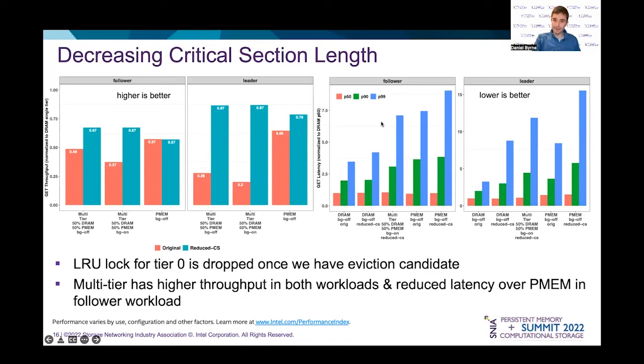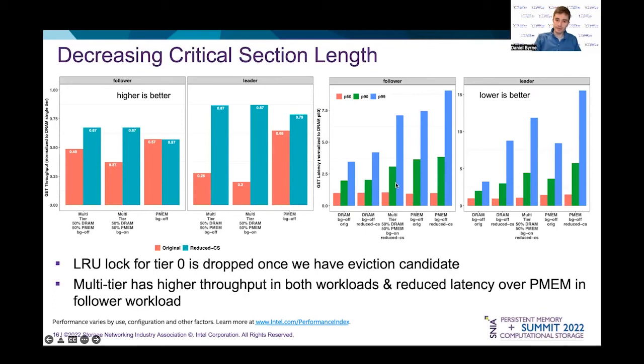And in terms of latencies, we tend to see lower latencies in multi-tier configuration with our background evictor on and the reduced critical section, compared to our PMEM instance. This is the original PMEM instance, and then our PMEM instance with reduced critical section.